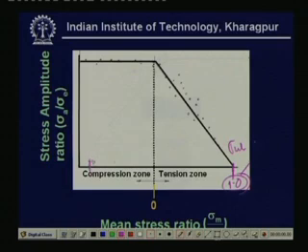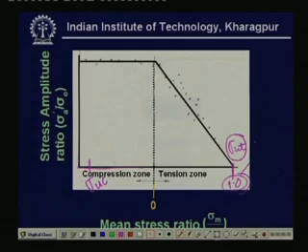Now, similarly, if we consider somewhere like this, then we can have a situation here. The defining factor will be sigma ultimate in compression. So, let us call it UT and this UC. That is on the negative side, and this is on the tension side.